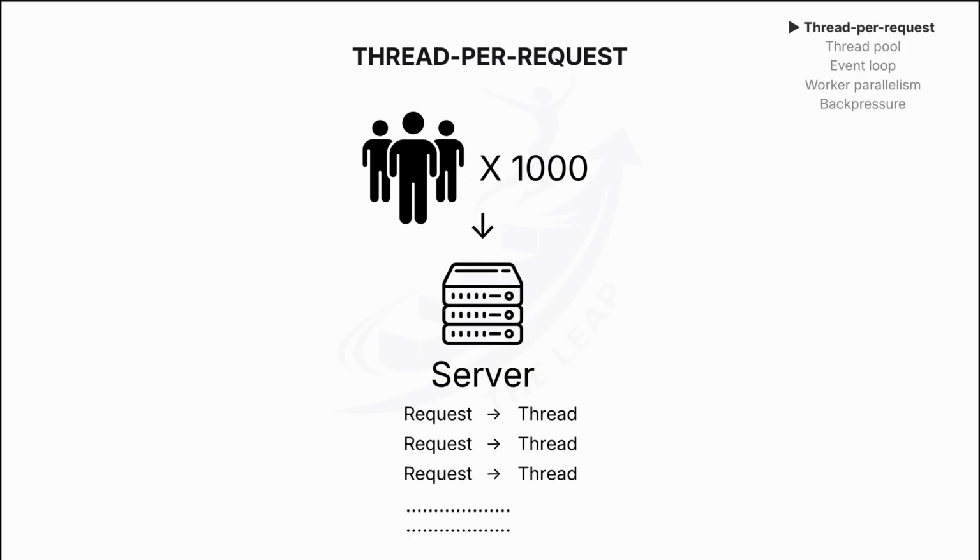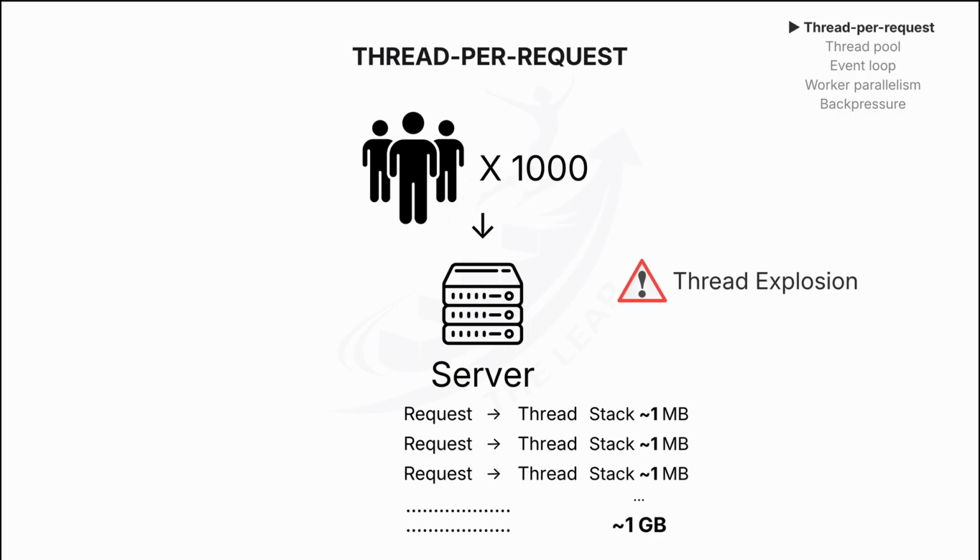In many systems, that stack is around 1 megabyte. So if a server suddenly creates 1000 threads, it may reserve roughly 1 gigabyte of memory just for the stacks. And that's before the server has even started doing any real work. Clearly, this approach does not scale very well.